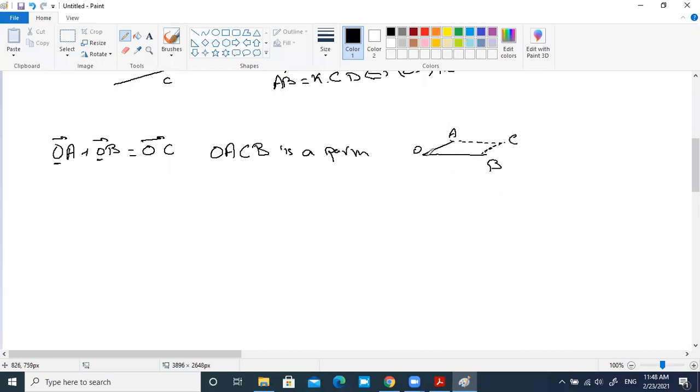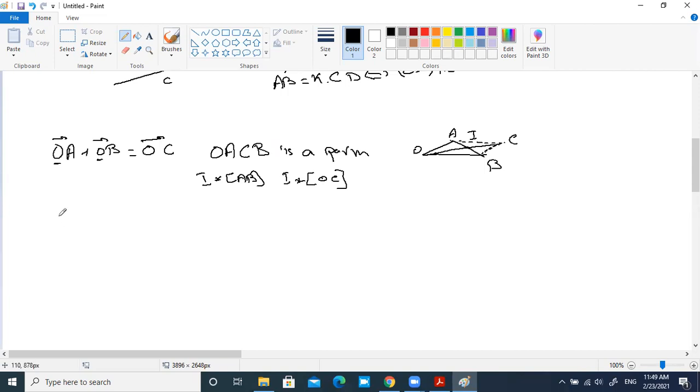So here, if you draw this vector OC and AB, and let's say that point I is the intersection of the two diagonals, then I is the midpoint of AB, and I is the midpoint of OC, right? Is that true? Diagonals bisect each other. Right.